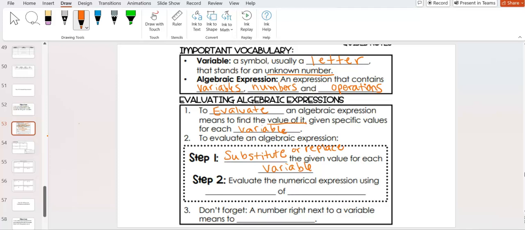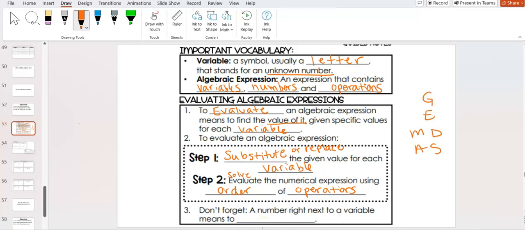And then we are going to evaluate or solve the numerical expression using order of operations. So you need to make sure that you are using your PEMDAS or your GEMDAS. It didn't go away. Your order of operations, to make sure that it's in the right order.